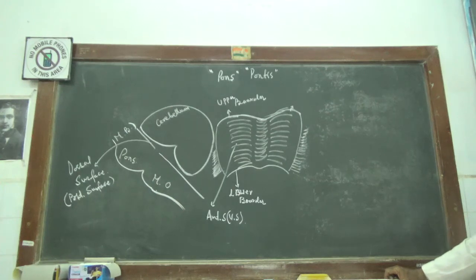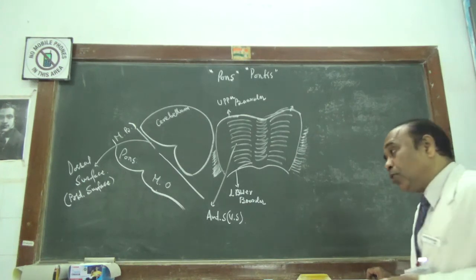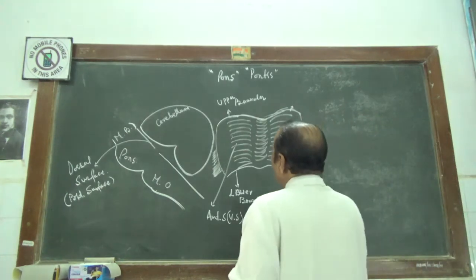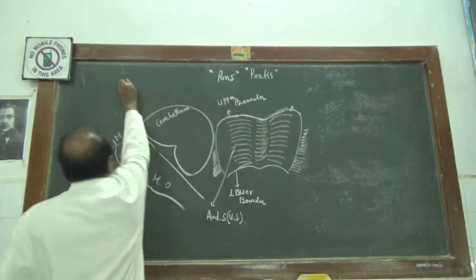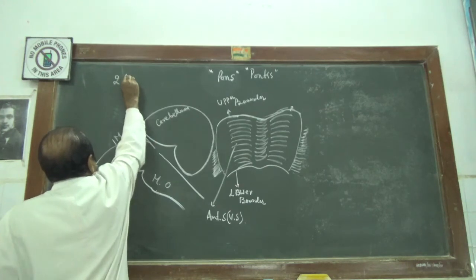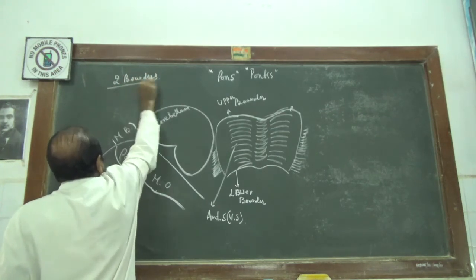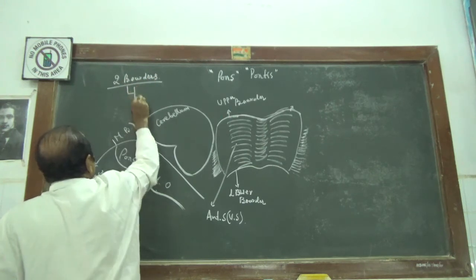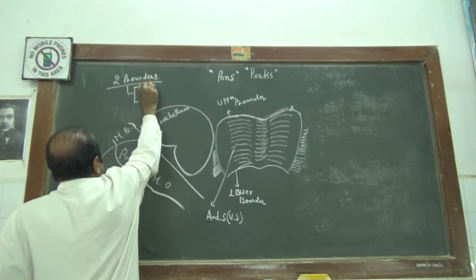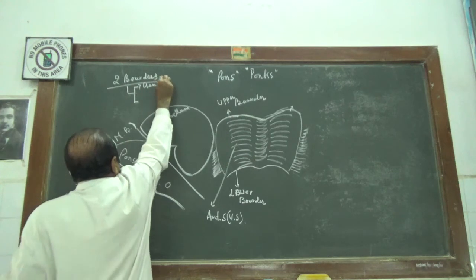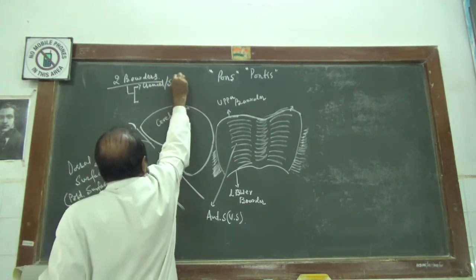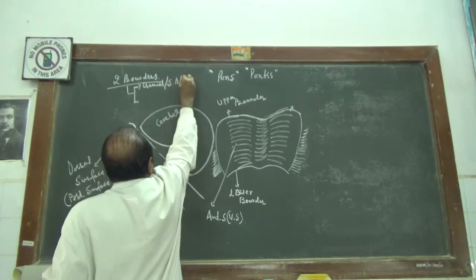Now this pons exhibits two borders. One is the cranial border or superior border or upper border.